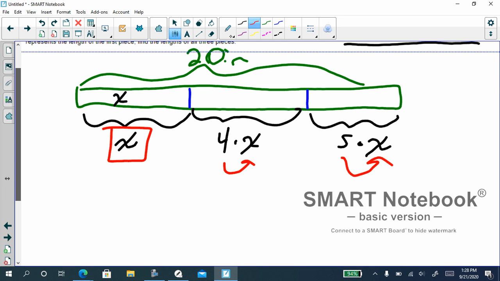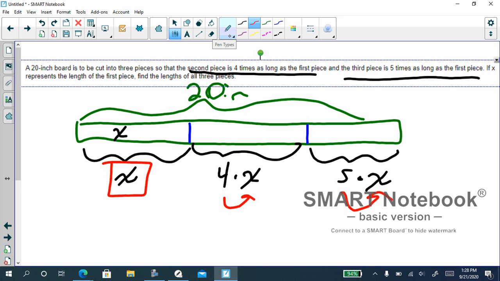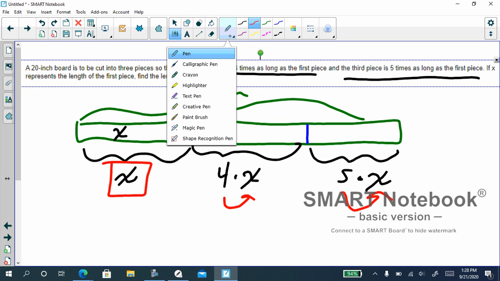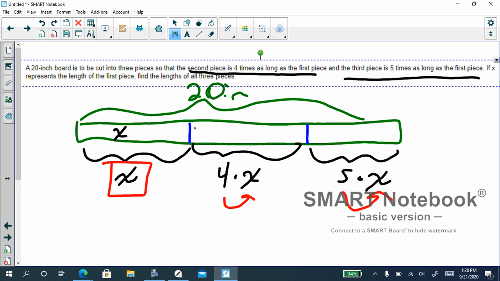Well, what do we know? We know that our board to begin with is 20 inches. So if I measure from here all the way to the other end, that's 20 inches.